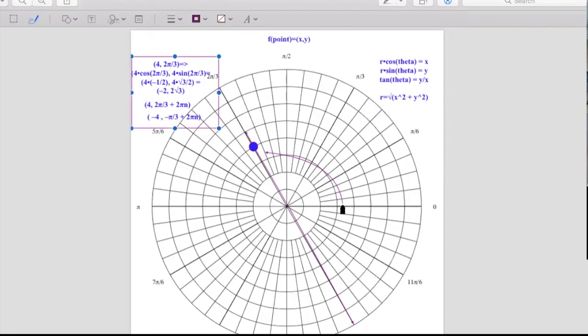And if I said, give me all the possible coordinates of this point where the angle is restricted to be from 0 to 2 pi, there'd be 2 ways to do it. One way would be to give me this angle and the positive R, and the other would be to go all the way around to here and give me the negative R.